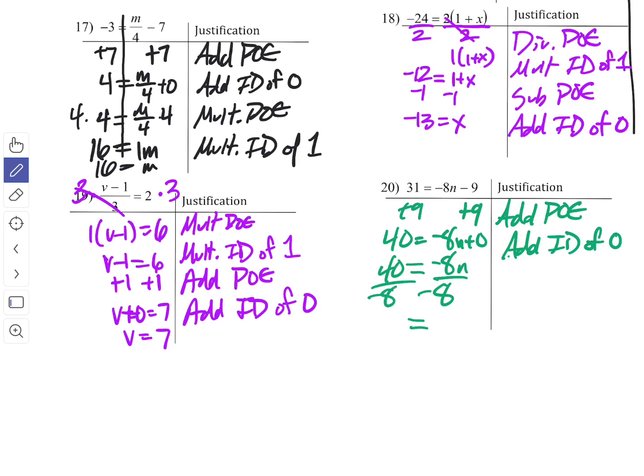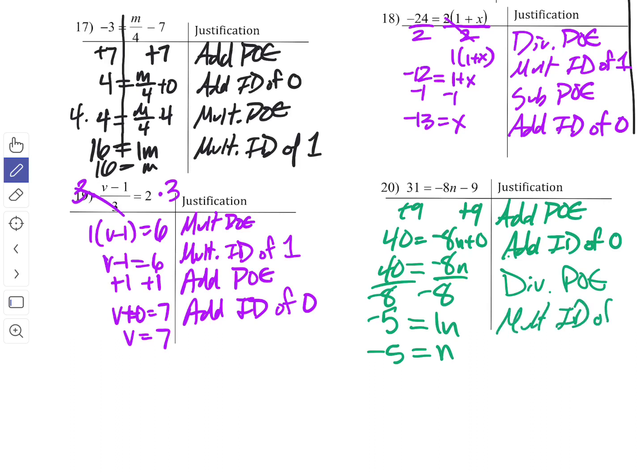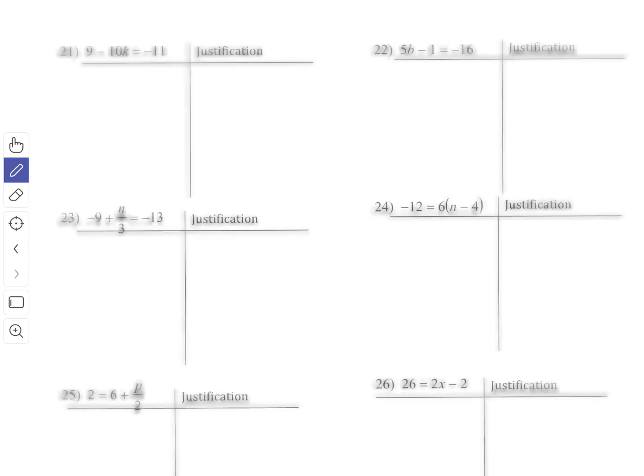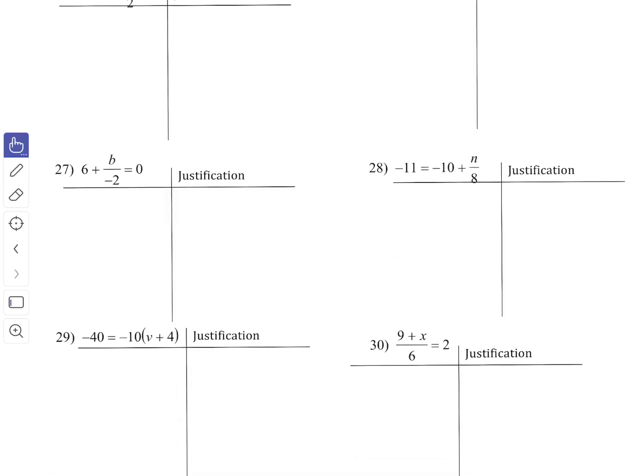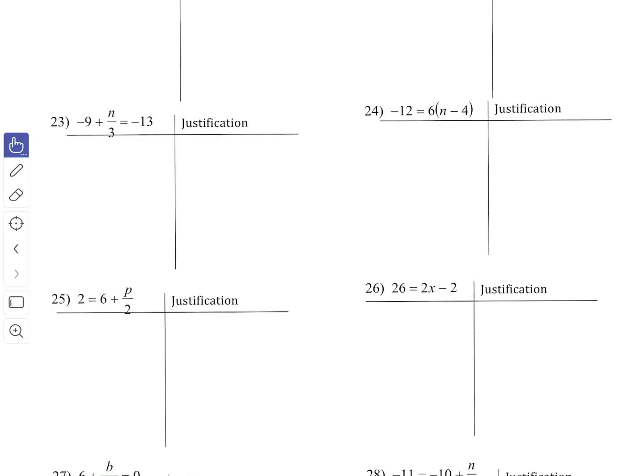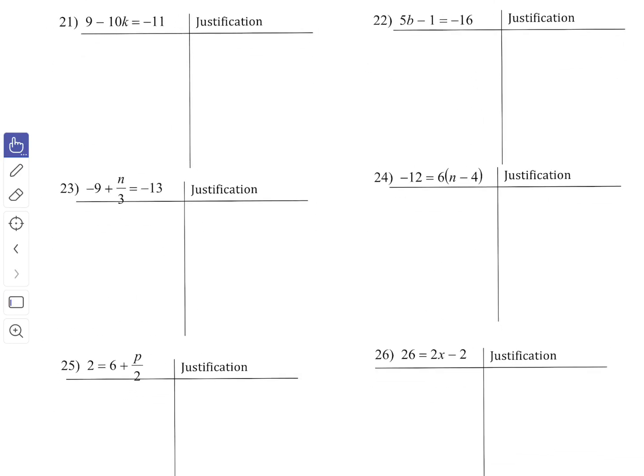And we get 1n, which then becomes n. So 40 divided by negative 8 gives us negative 5. So we use division property of equality, and then the multiplicative identity of 1. Okay. All right, now we just got, what, 10 more problems here, right? Yep. All right. So let's just keep busting these guys out.